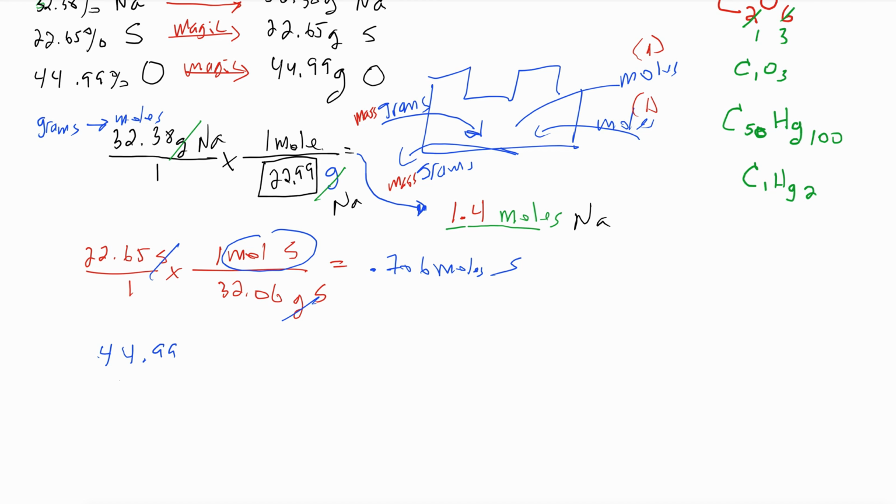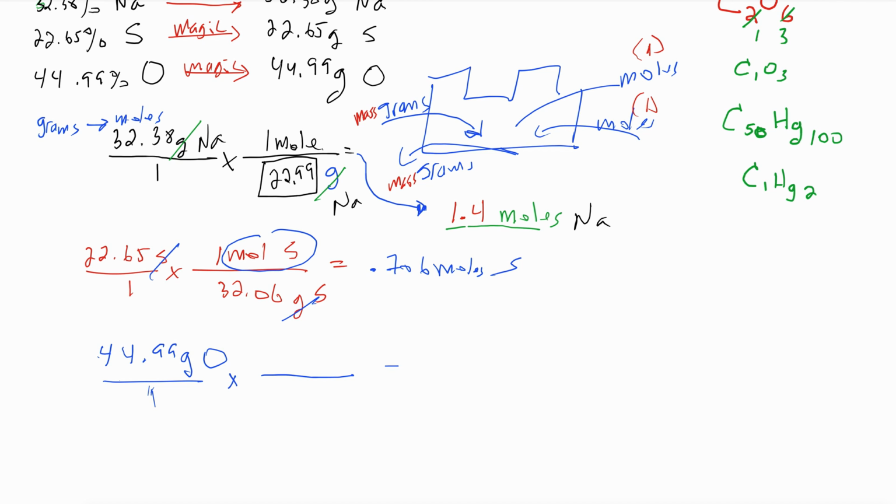44.99%. So, grams over 1. What was that number again?